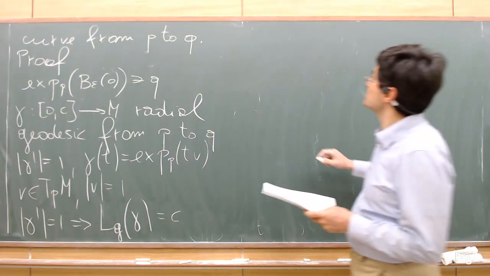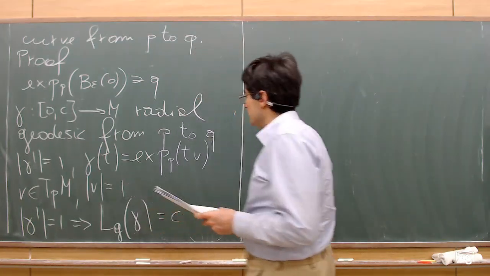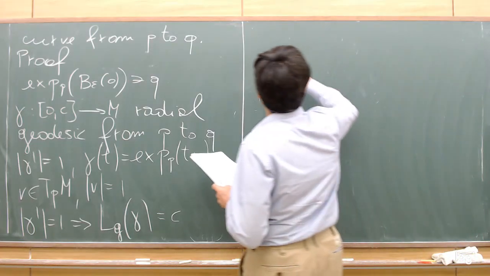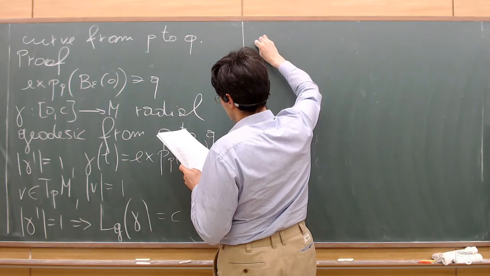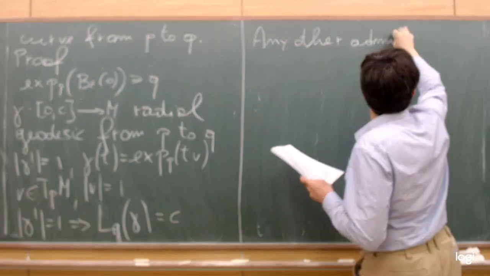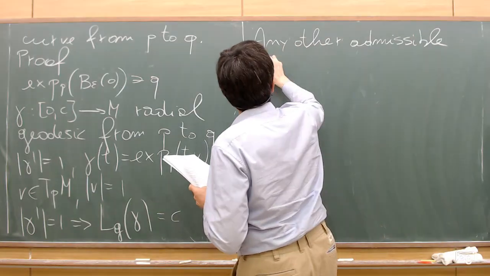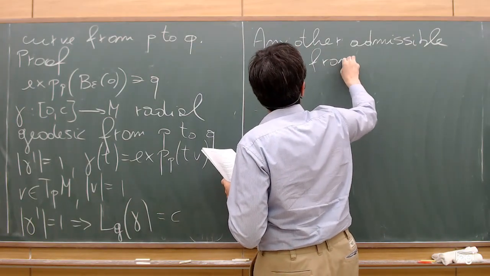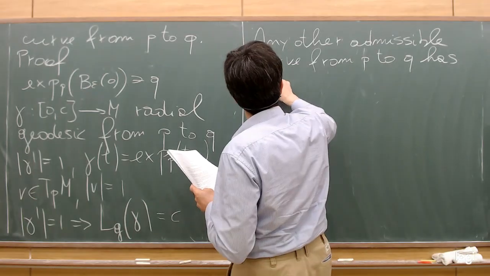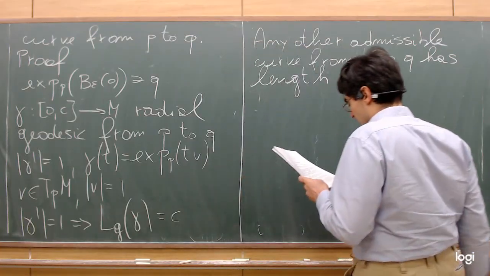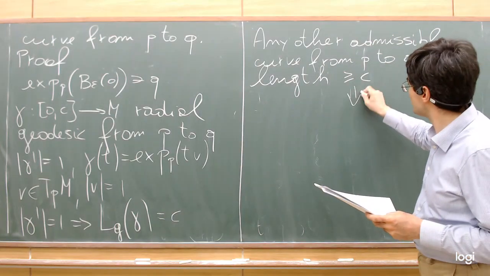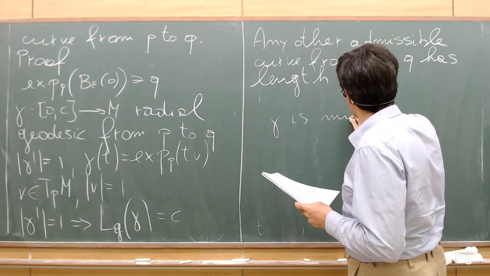So in order to show that this geodesic is minimizing, we have to show that any other admissible curve from P to Q has length greater or equal to C. If this is true, then gamma is minimizing.